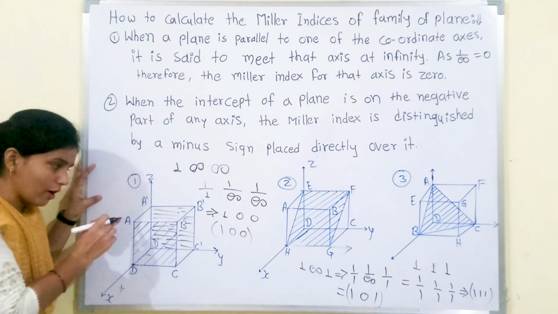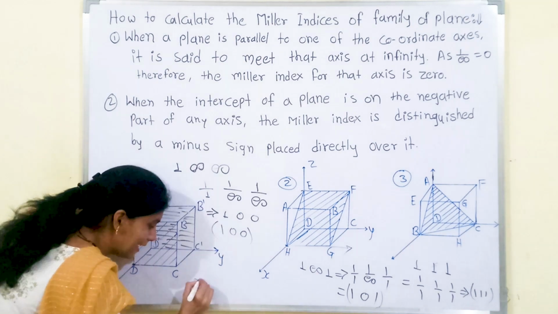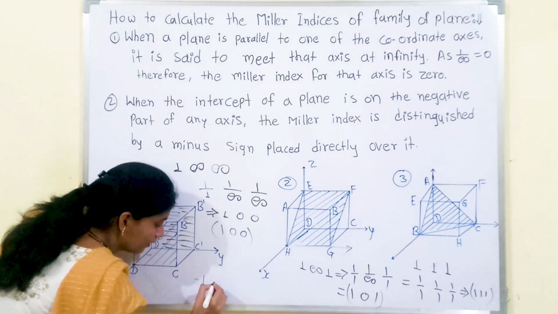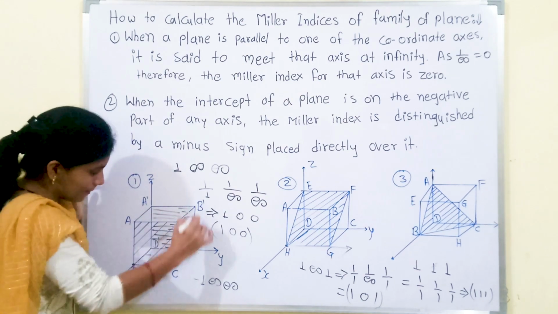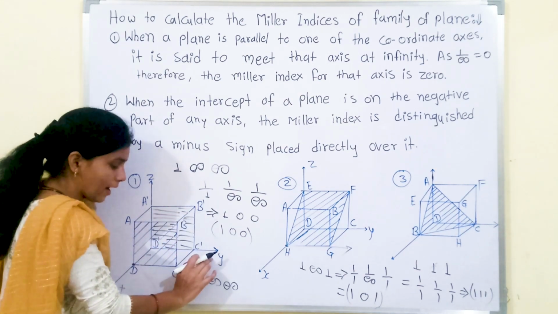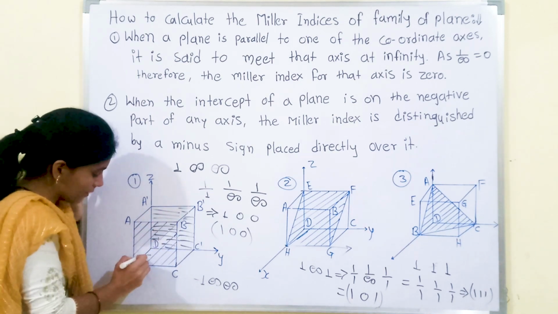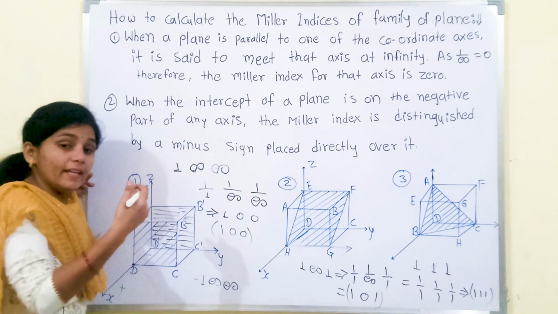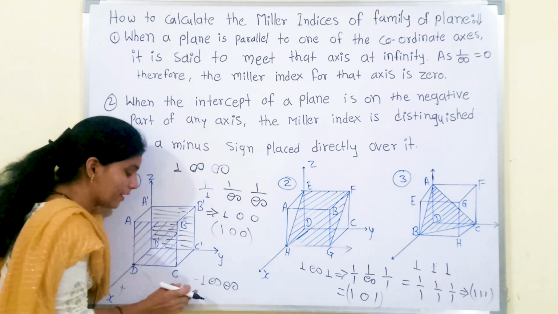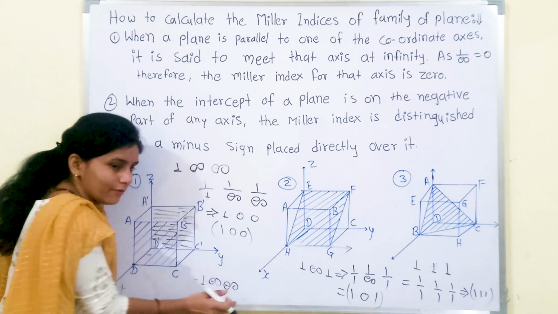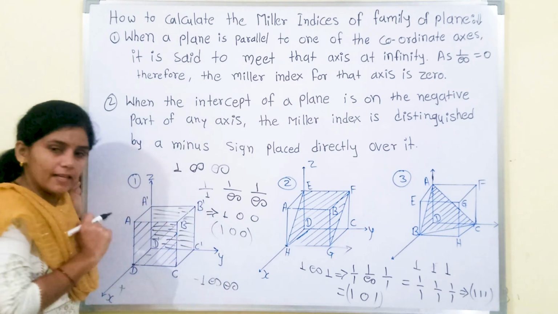We can shade it with black lines. If we consider this point D as the origin, this direction is the positive direction of the x-axis and this is the negative direction of the x-axis. The intercepts of the plane A dash, B dash, C dash and D dash are -1, infinity and infinity, because this plane is parallel to the y-axis and the z-axis, and it intercepts the x-axis in the negative direction. So we simply write -1, infinity, infinity.